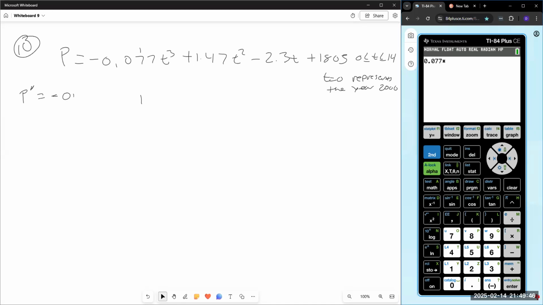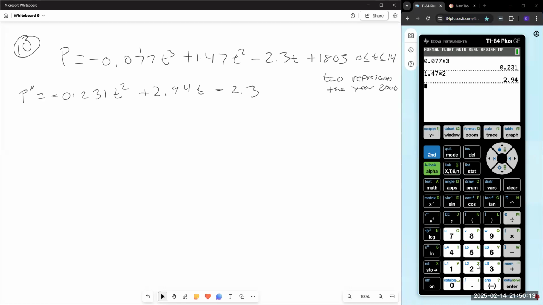I've got my calculator, so I need to use it so I don't make an arithmetic mistake here. Then 1.47 times 2 is 2.94 T minus 2.3. I need to figure out when that's equal to 0.